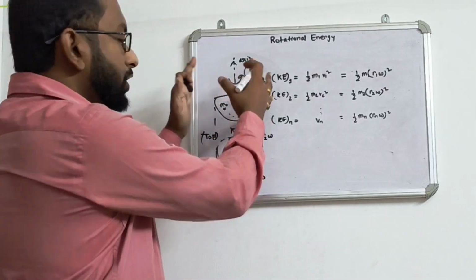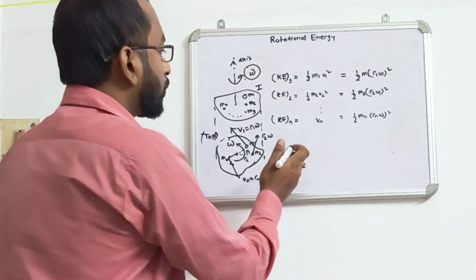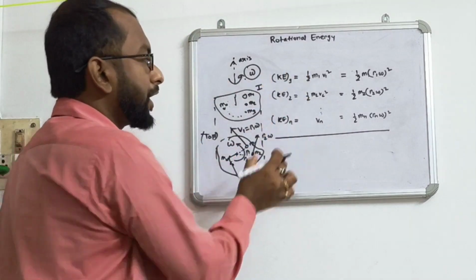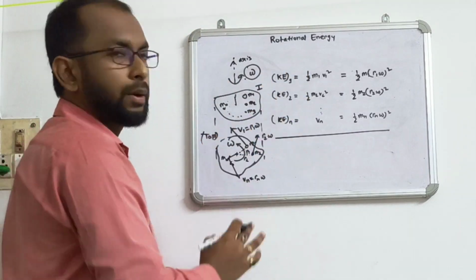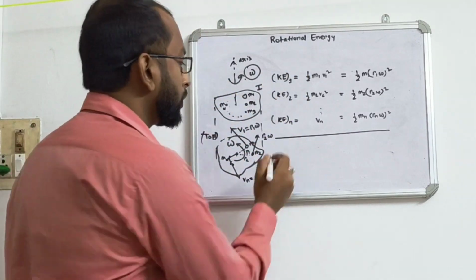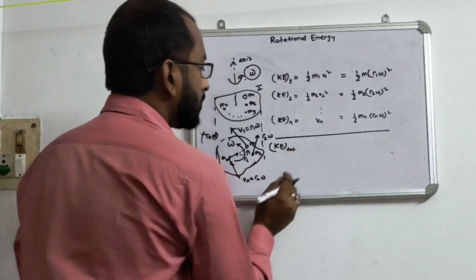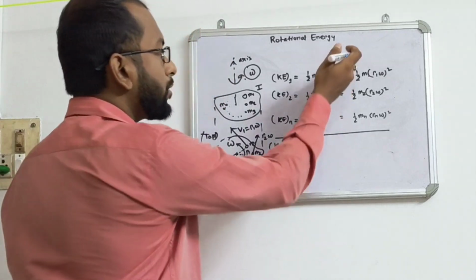So right now this distributed mass body's total energy will be the sum of all the small individual kinetic energies of all these particles m1, m2 till mn. So KE total is the sum of all these energies.